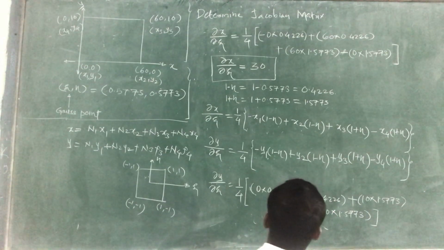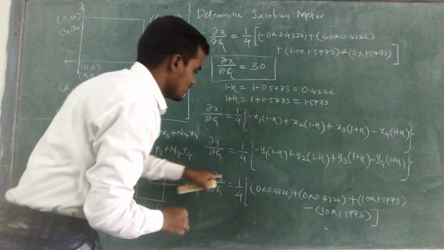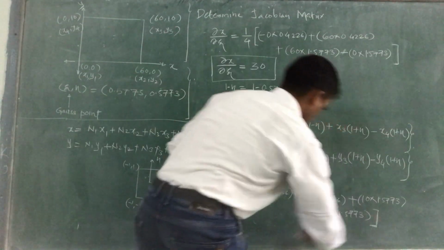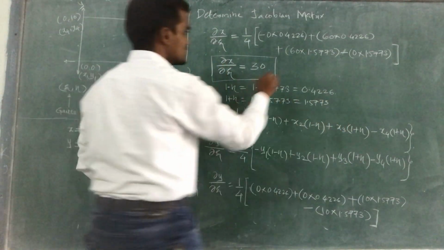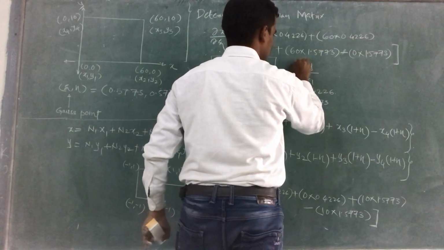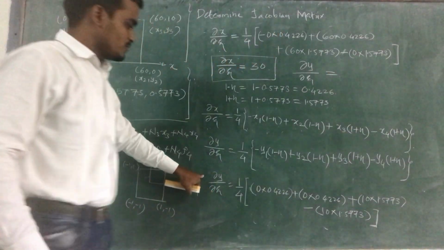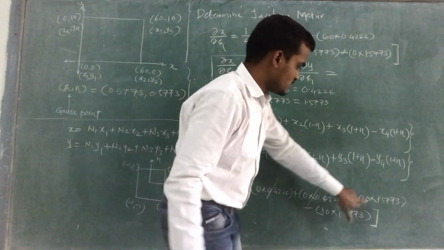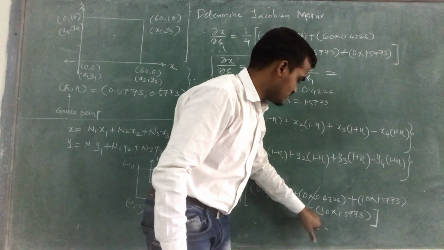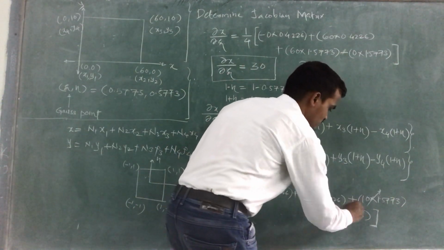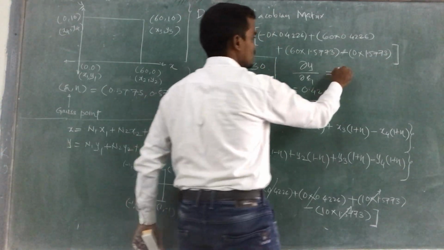Okay, so if you calculate this equation, you will get dou y by dou zeta. Okay, so this will become 0, this will become 1, so 0. So 10 into 1.57 minus 10 into 1.57. So this subtraction will also become equal to 0. This term will become equal to 0.